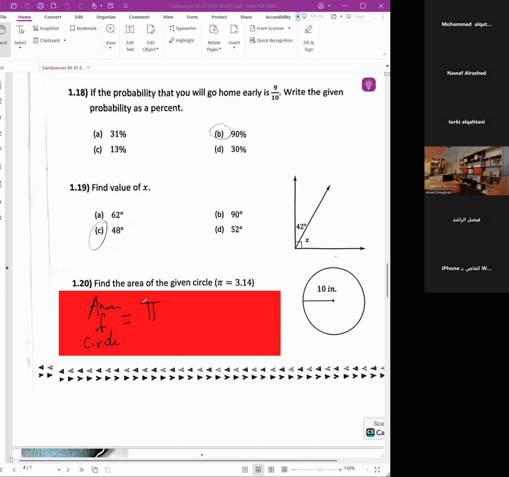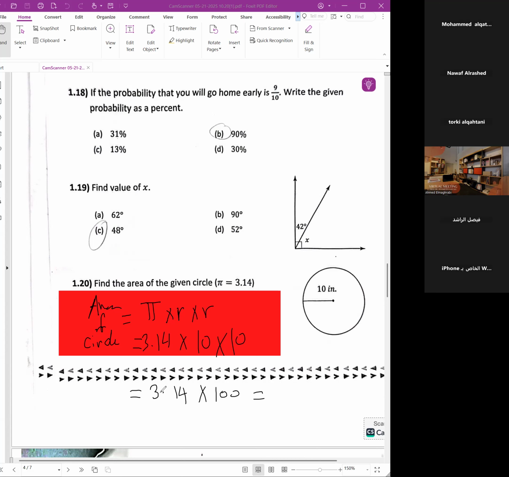Excellent. Pi times r squared. Excellent. That means pi times r squared, with r equal 10. We're going to replace pi by 3.14. So 3.14 times 10 squared, because the radius is 10, times 10. That means 3.14 multiplied by 100.